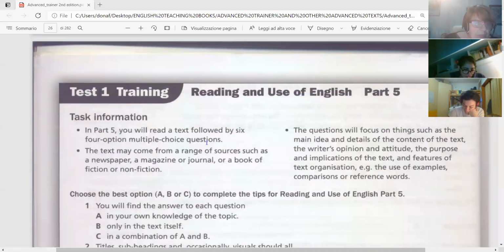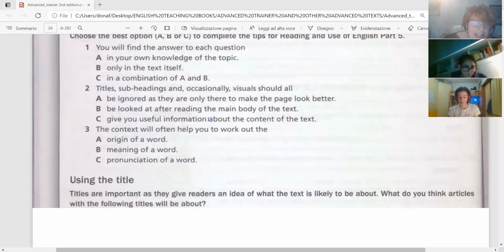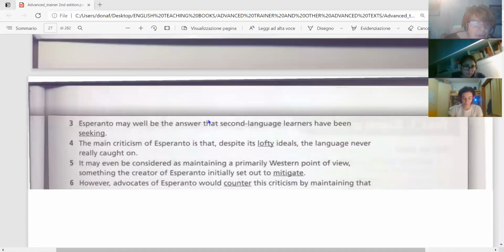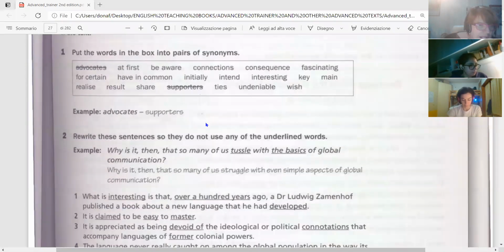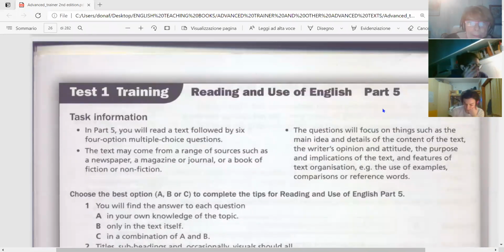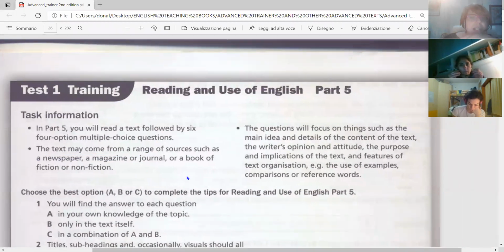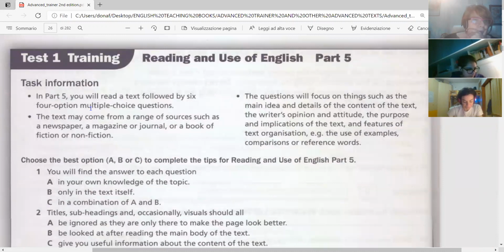Okay. So now let's get into part 5 that you are supposed to take. We are going together. So what are we going to do in part 5, Mara? Could you please read it? In part 5, you will read a text followed by 6 four-option multiple choice questions.